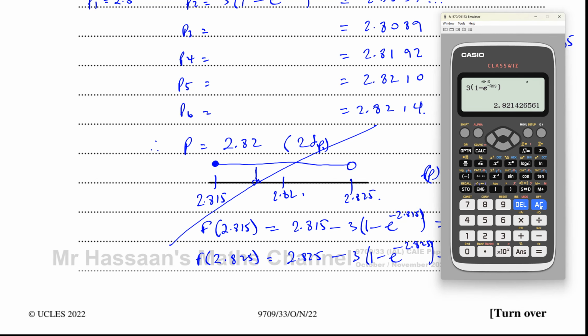So we're going to put 2.815 minus 3 times 1 minus e to the power of minus 2.815.